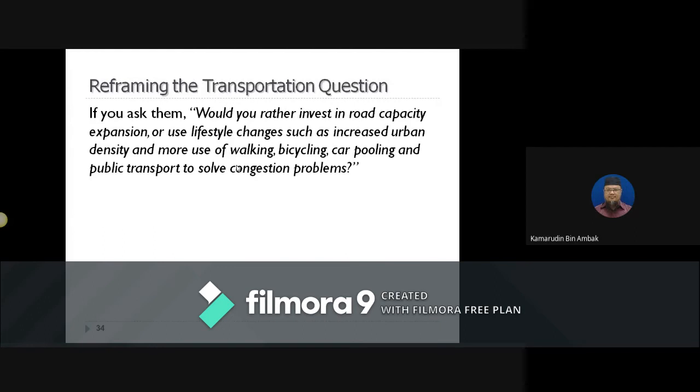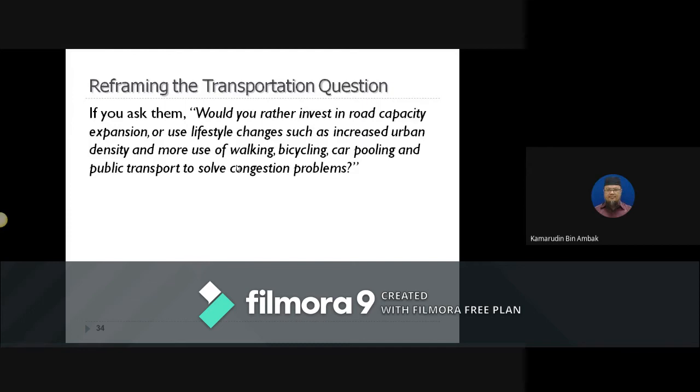Okay. Then, if you ask them, would you rather invest in road capacity expansions or use lifestyle change, such as increased urban density and more use of walking, bicycling, or carpooling and public transport, to solve congestion problems?